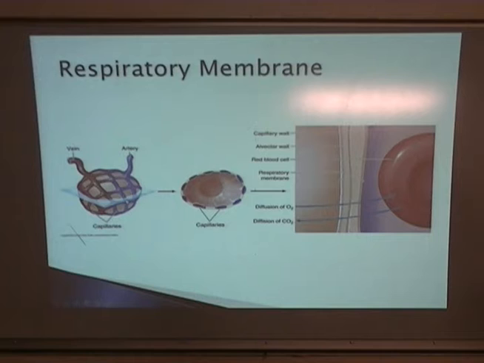So if we take a cross section through that, you can see that the alveolus is absolutely surrounded, wrapped around with this capillary netting. Okay? And then this diagram here, so this is a red blood cell. You can see this really clearly in the diagram in the book.